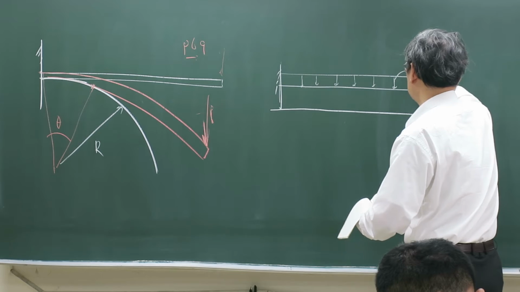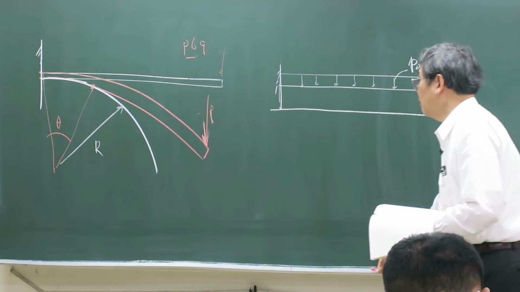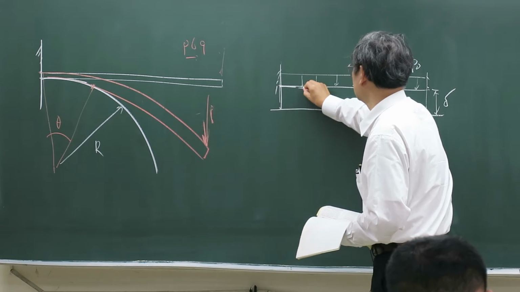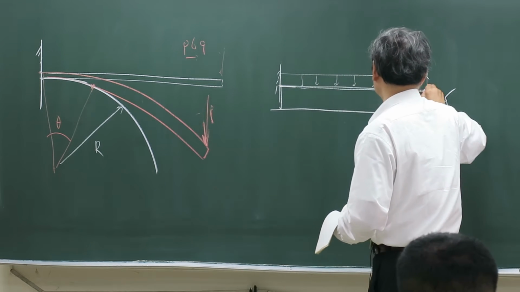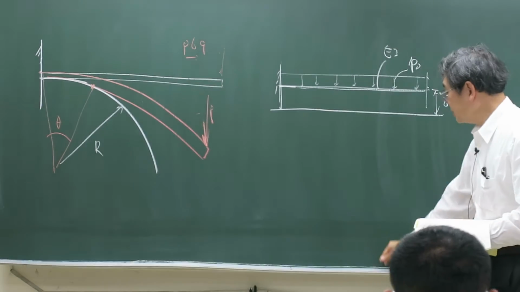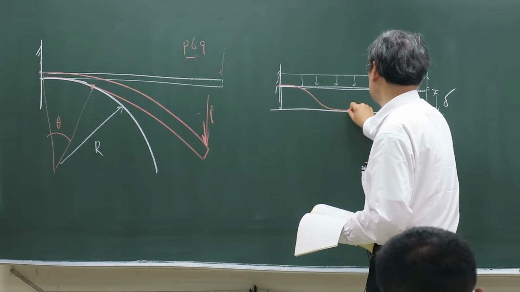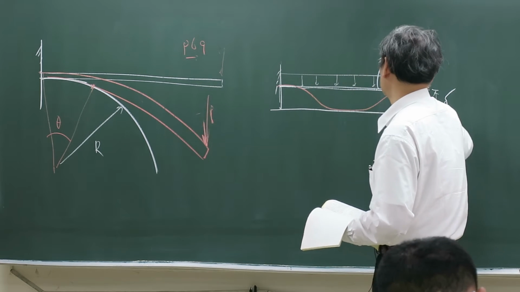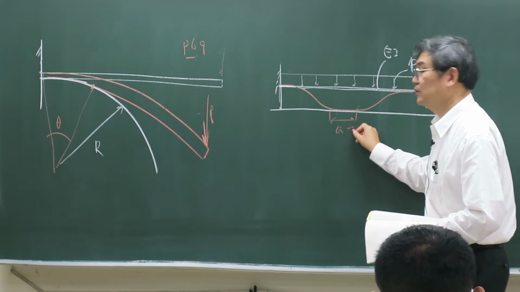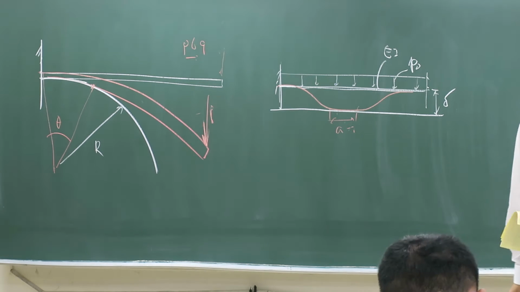If I give a P0 loading and deform this beam, a beam with EI, and if I pressure it, this beam will deform and part of it will touch the area. So how much is the contact area? This is another problem. Okay?